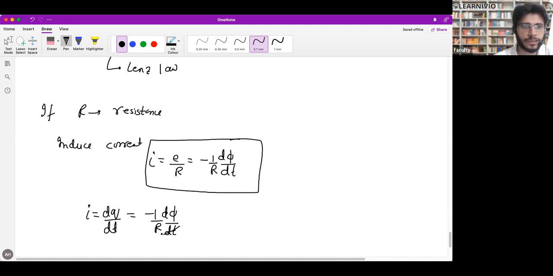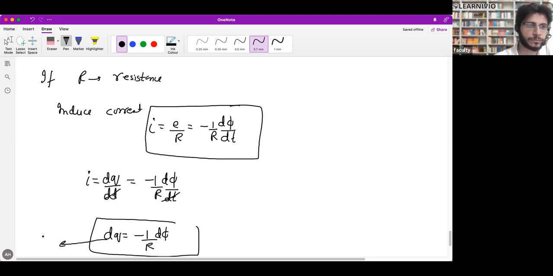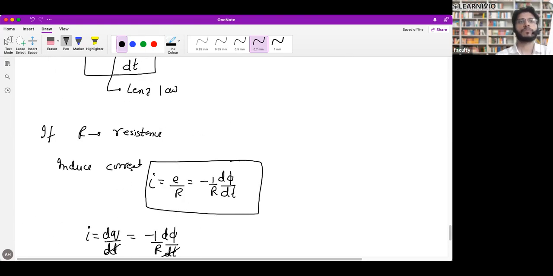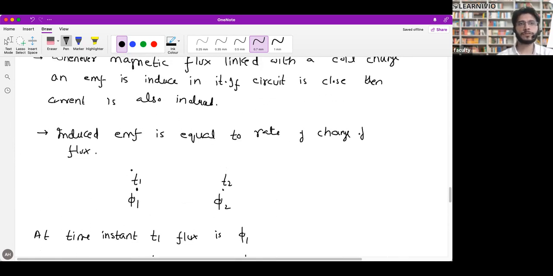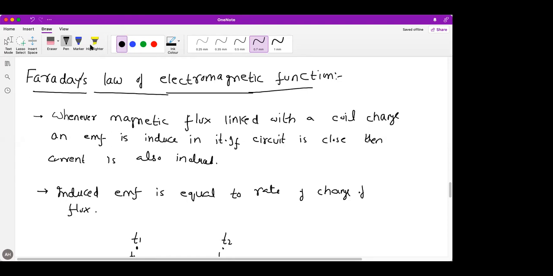So see, this dt will cancel this dt. You can write that the change in charge will be minus 1 by R into d phi. So this is Faraday's law of electromagnetic induction. Note it down. We'll do some questions over it.